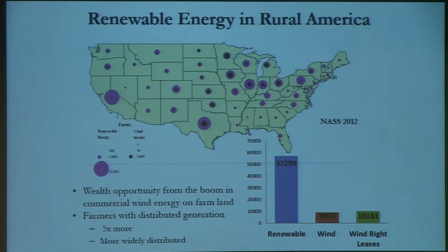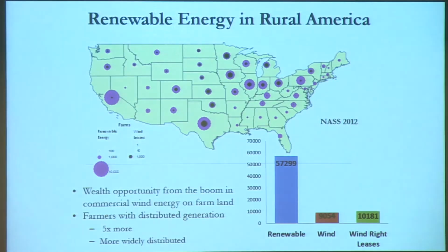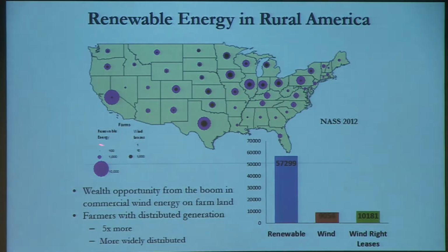If you look at this graph, it is set to scale. So right here, 100 farms for distributed generation are showcased in the same size as 1,000 farms with wind right leases.